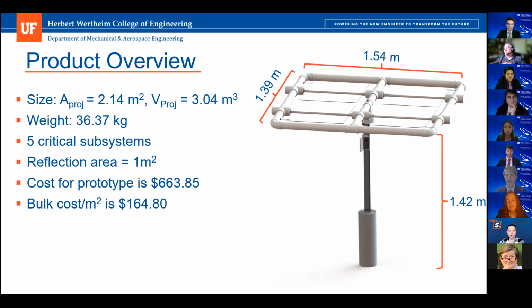Where it says bulk cost, that's as if you're making 1,000 and something. Our value was 1,688 in the field, and that drove our price down a lot compared to the prototype.